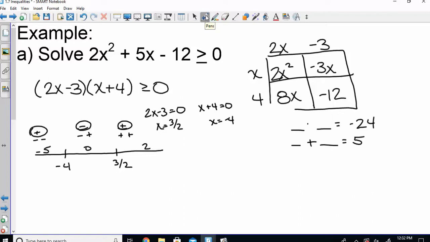To decide what part I need, we look right here. We wanted greater than or equal to 0. Greater than means positive or negative? Positives. So I can see this whole section of the graph is positive, and this section is positive. Equal to means brackets.